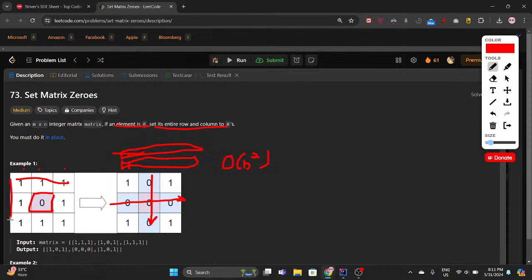So m plus n will be the worst case space complexity, and time complexity n square. What is n square? Here it is m into n. So for every row we will do the column. So m into n. That is it.